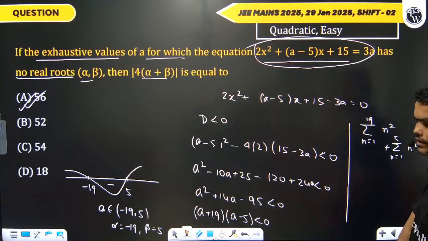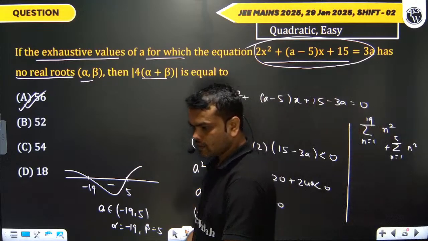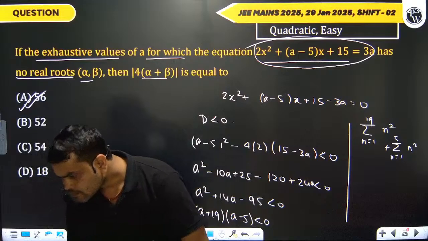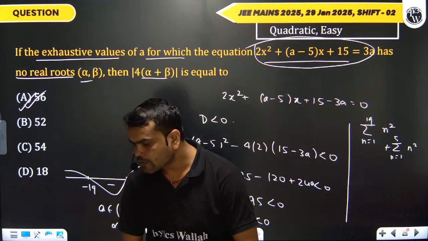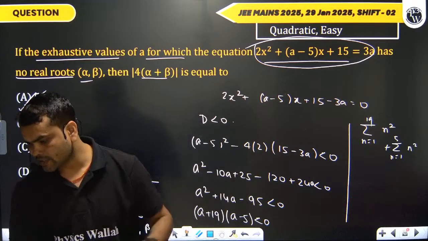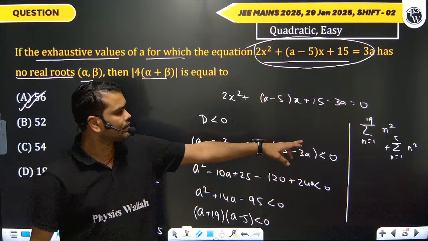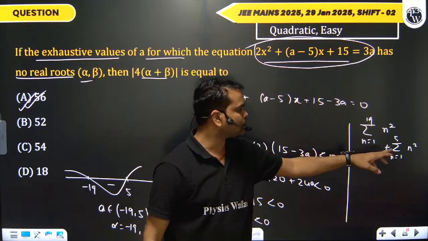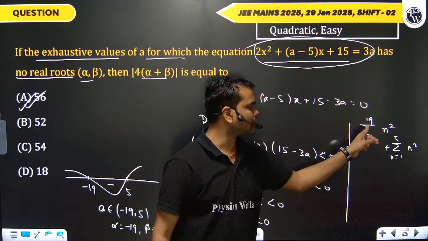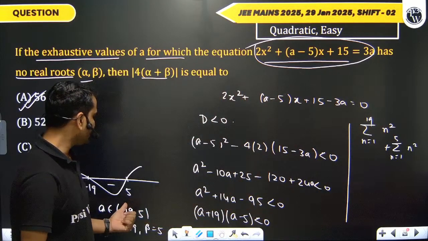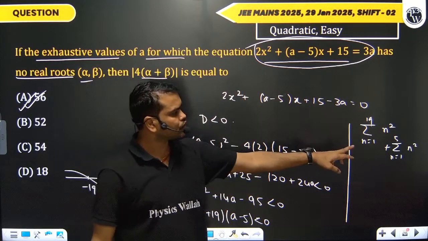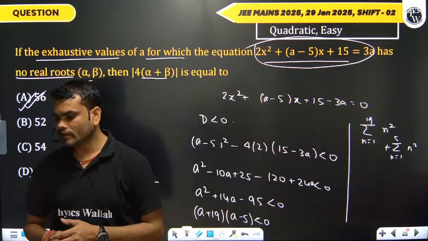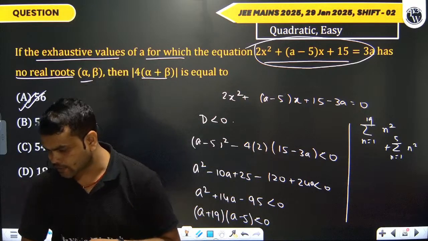Alpha and beta, this is the value. If they would have asked the summation of x square from alpha to beta, you will get the answer like that.